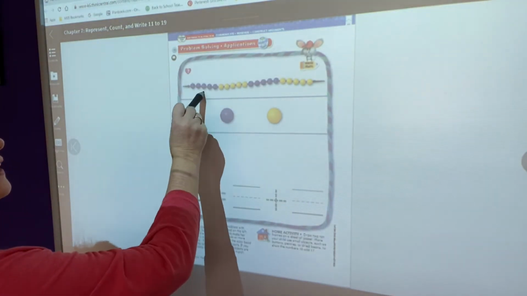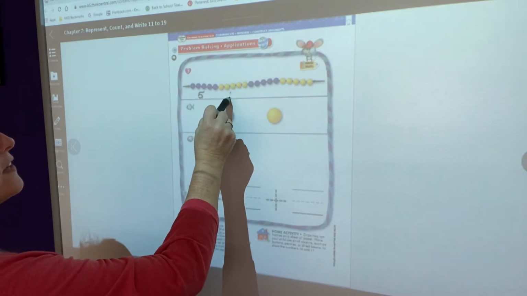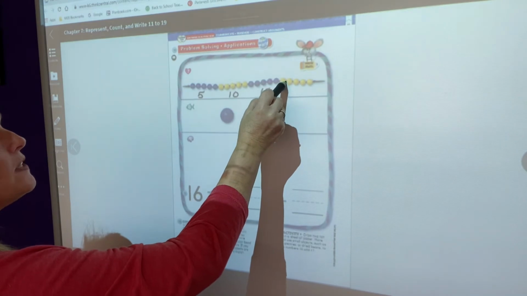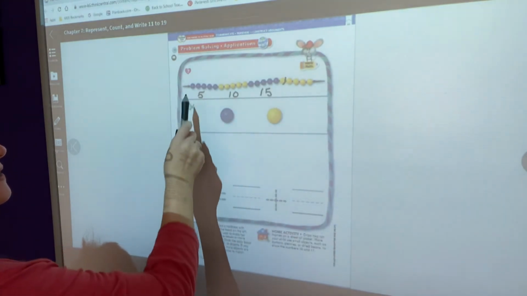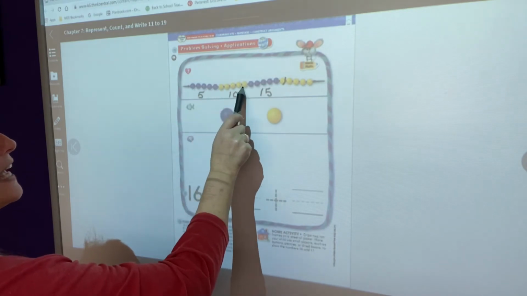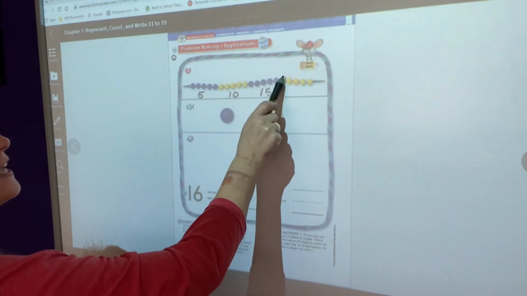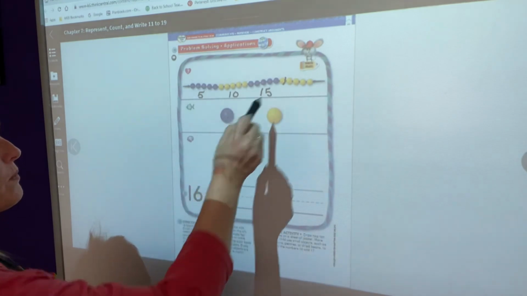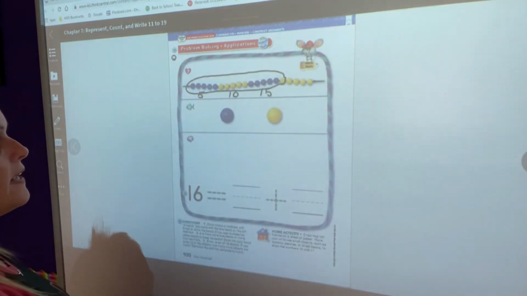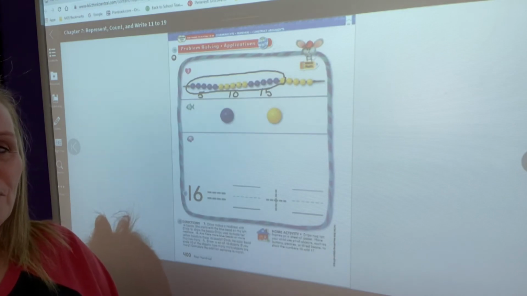So we still can count by 5s. 5, 10, 15, and then we'd need one more to make 16. Remember, these are sets of 5. So 5, 10, 15, and one more would make 16 when we're counting. So go ahead and circle those 16 beads. And you know my question, don't you?